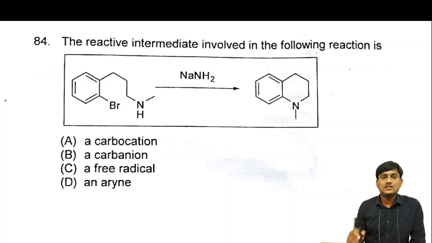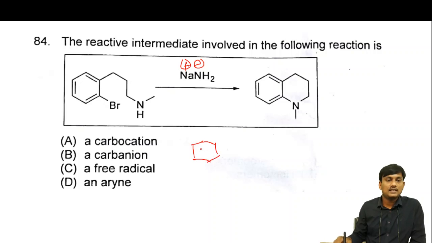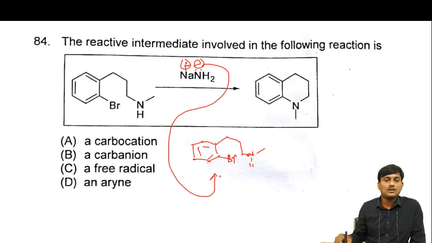The reactive intermediate involved in the following reaction is? Okay, sodamide, Na plus NH2 minus, it's a strong base. In this condition, what is the intermediate you will get? This is the reactant, and this is the bromine. In strong basic condition, NH2 minus abstracts proton from this position, and here there is a removal of bromine, then you will get this intermediate.